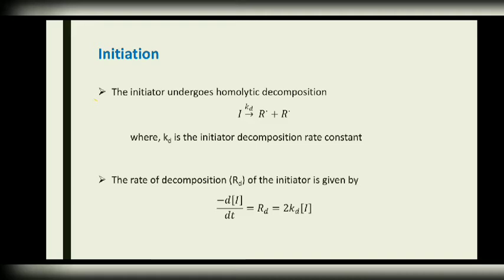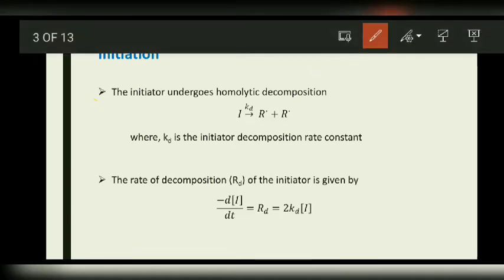What happens in initiation? Here the initiator molecule undergoes homolytic decomposition to give the free radicals, right? And the reaction is represented like this. Here Kd is the initiator decomposition rate constant.